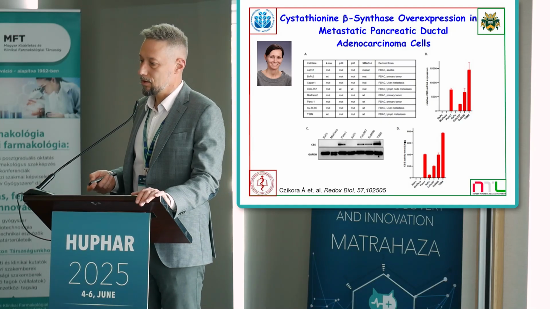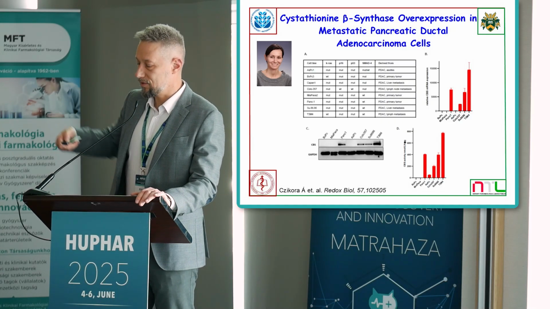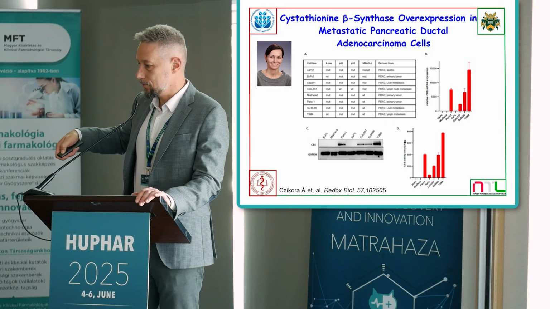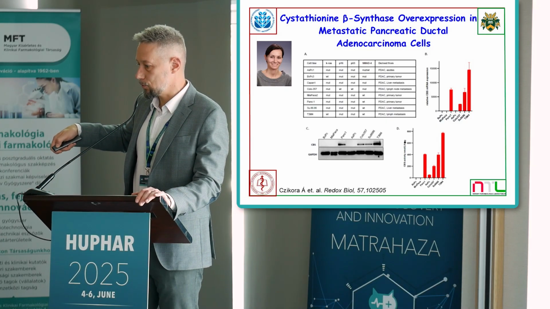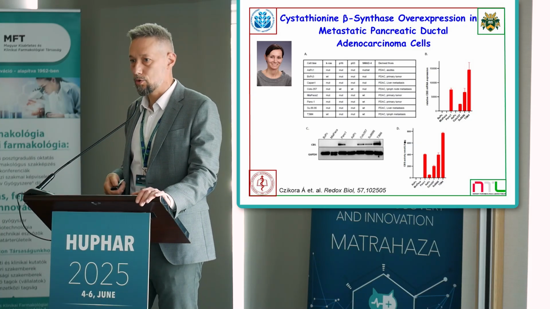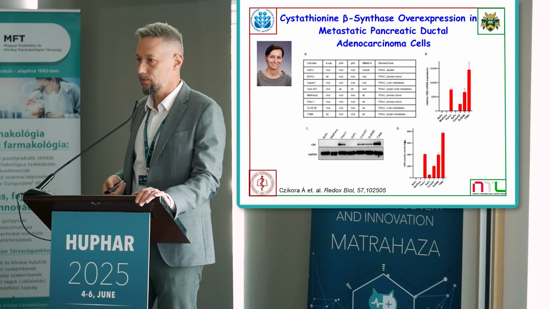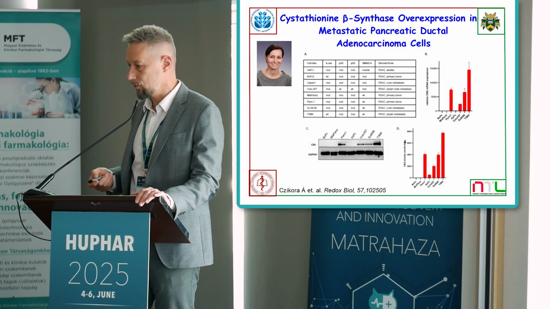This was done by Agnes Sikora from the lab. We saw that in cells isolated from metastatic tumors, CBS was highly upregulated compared to primary tumors which were not metastatic, suggesting that potentially the aggressiveness of this particular tumor type is related to CBS.